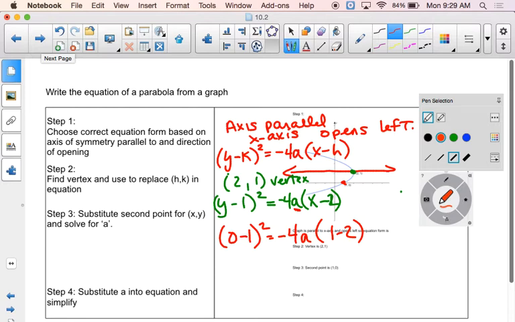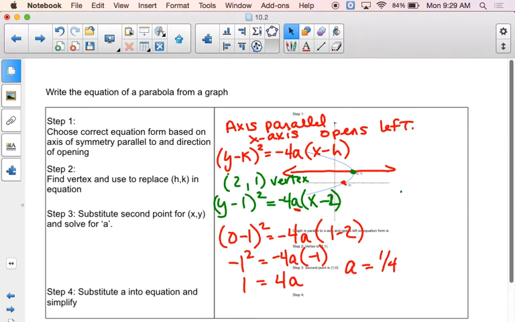And now I can just solve for a. So that means I have negative 1 squared equals negative 4a times negative 1. So 1 is equal to 4a, and so therefore a is equal to 1/4.